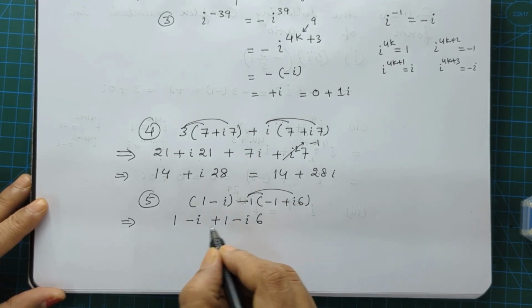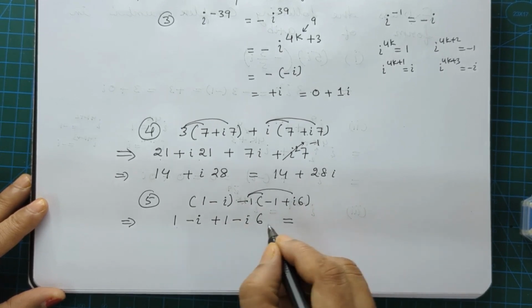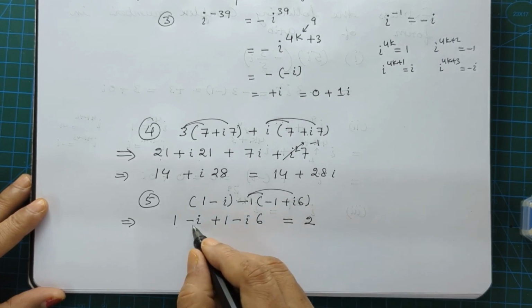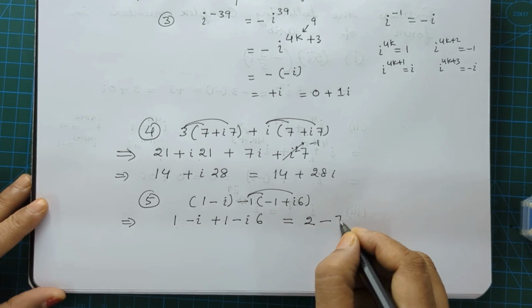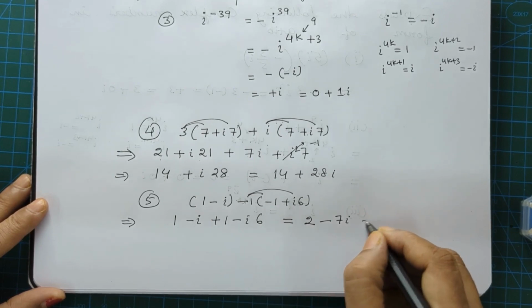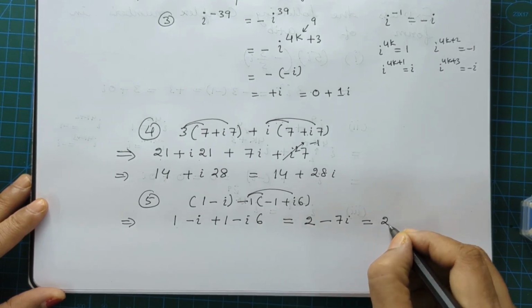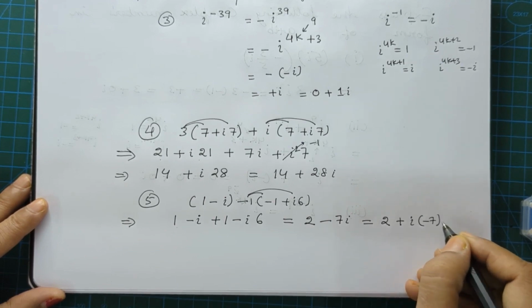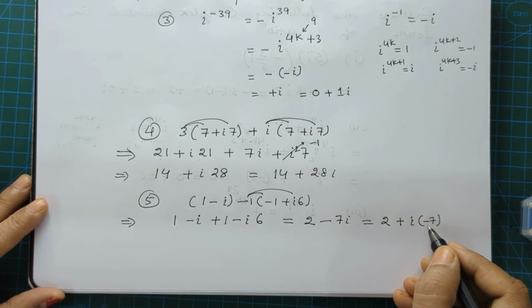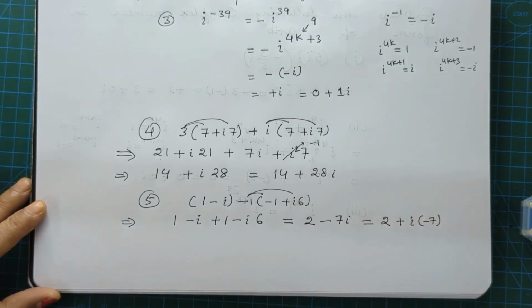Assemble the real parts and the imaginary parts. 1 plus 1 is 2. Negative i, negative 6i is negative 7i. Writing this in standard form, a plus ib, a is 2, b is negative 7.